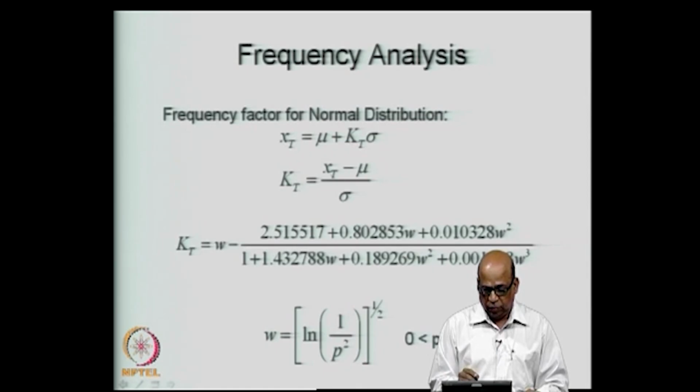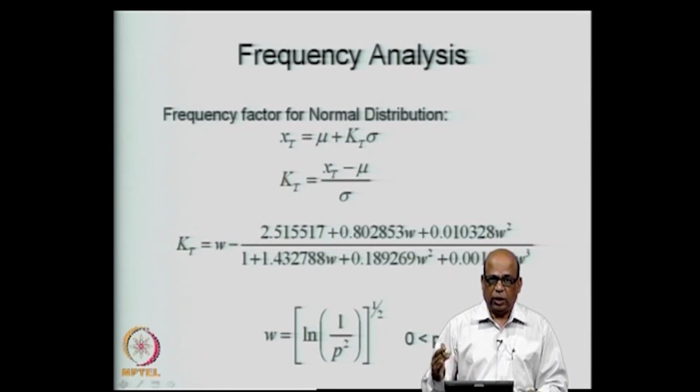So, K_T is in general (X_T minus mu) over sigma. From this, you can identify that this is in fact the standard normal deviate, z is equal to (X_T minus mu) over sigma. So, this expression for normal distribution turns out to be simply the standard normal deviate z, and therefore, you can go to the tables and obtain the associated value of K_T.